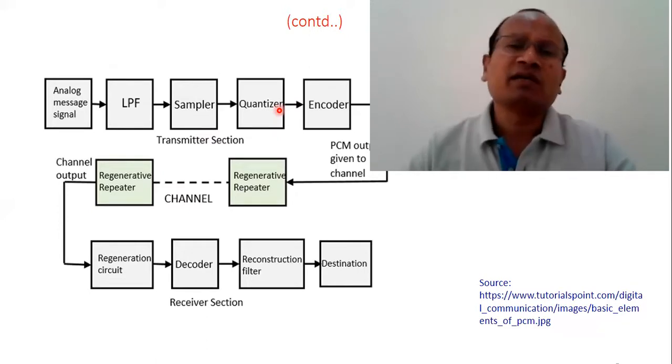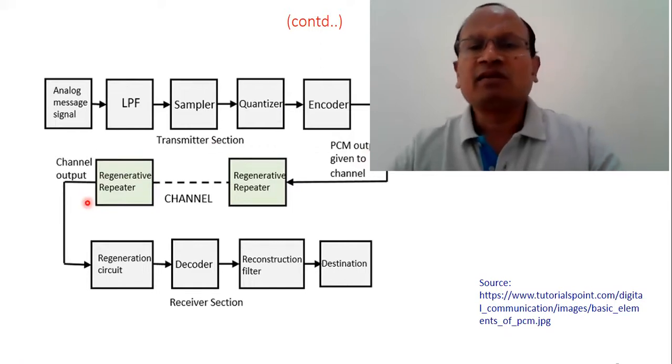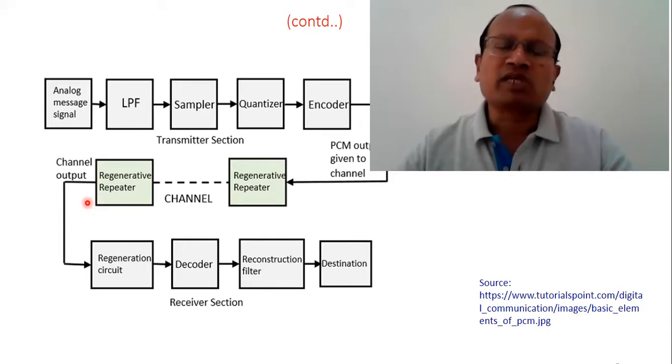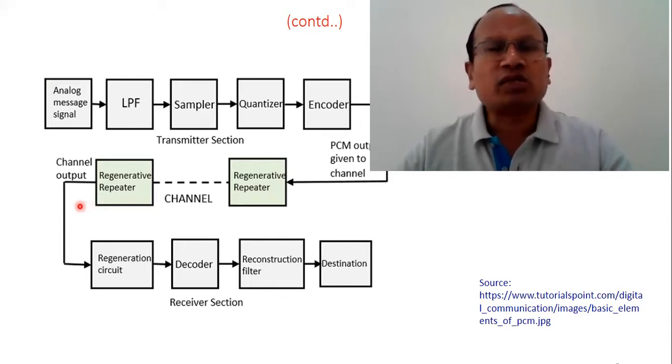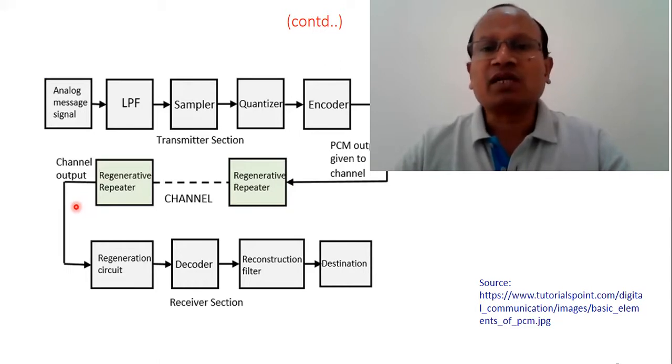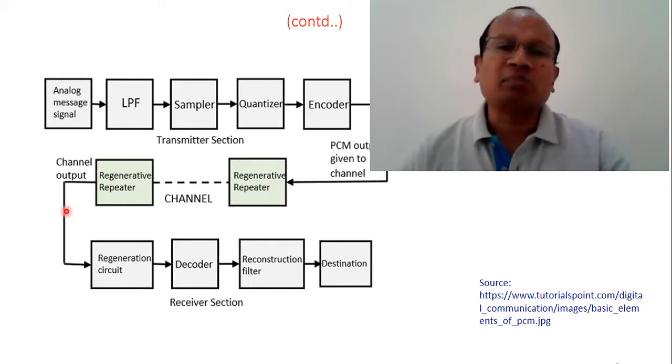After encoding, it becomes the PCM output, which is a stream of bits, and that is communicated via a channel. Along the channel, at certain distances, we use regenerative repeaters so that if there is any information loss in the channel, it can be compensated.